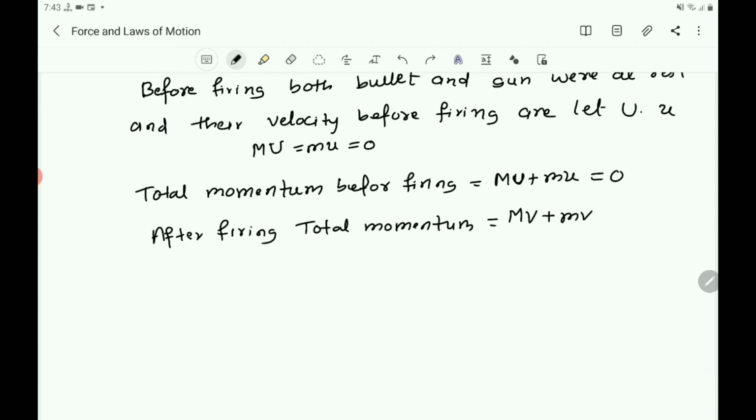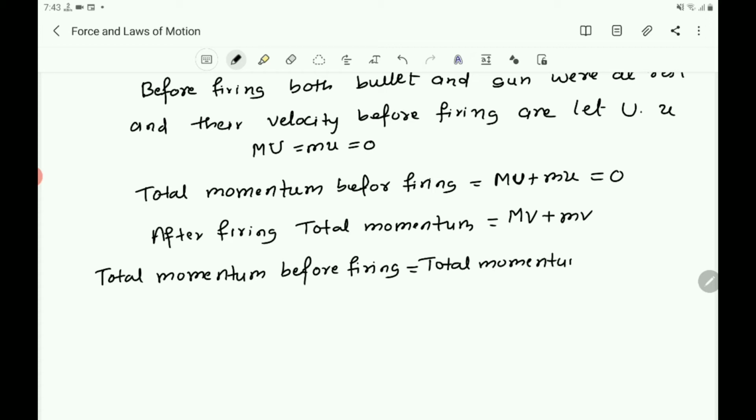So write total momentum before firing equals total momentum after firing.